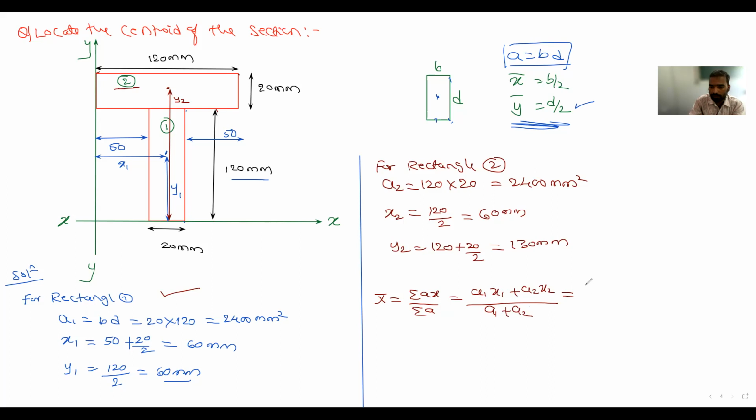Substitute now. a1 is 2400 into x1 is 60 plus a2 is also 2400 into x2 is 60, divided by total, that is 2400 plus 2400 area. When you calculate this one, you will get the answer as 60. Is it correct? Correct, check karo.